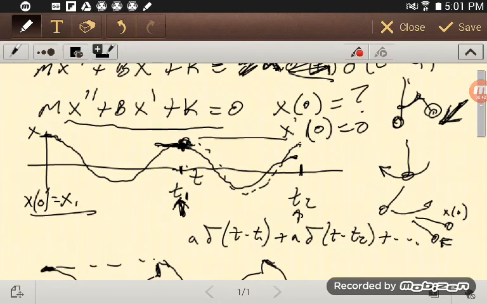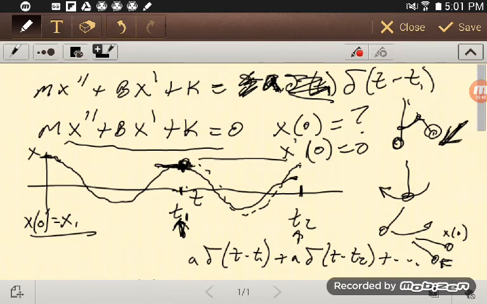So you're just trying to get the right constant here on your Dirac delta function so that whatever I start at here at T1, when I get back to the maximum, because of that impulse function and that magnitude, I'll get back to that height.